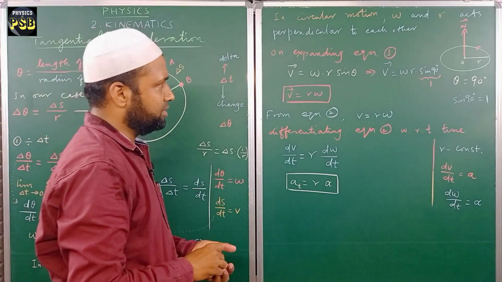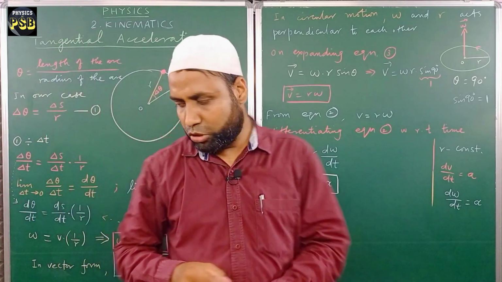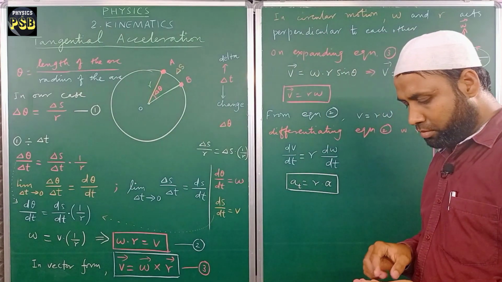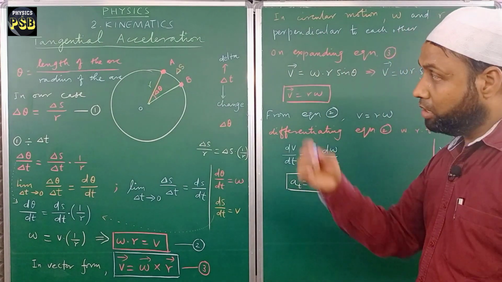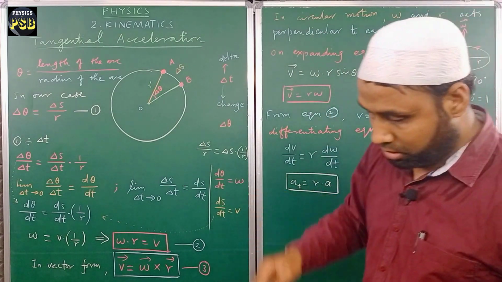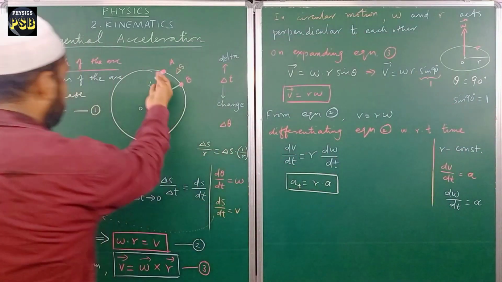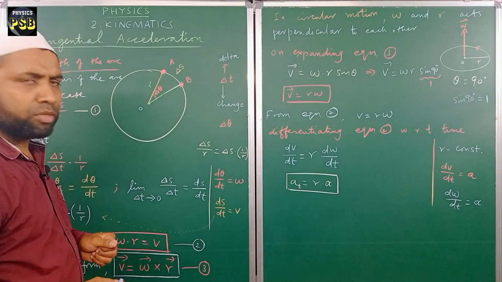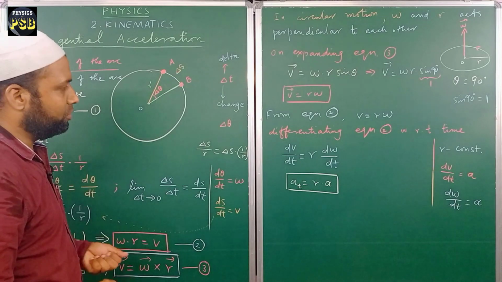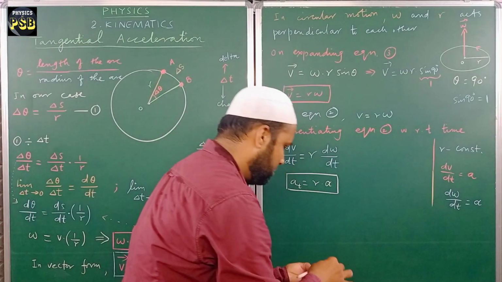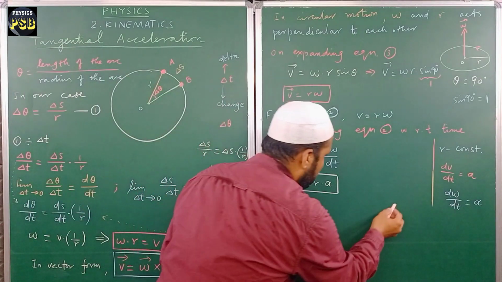On the velocity vector. Let me show this to you in the diagram. So this is the diagram. The same I will use to show the direction. Let me draw here the diagram separately.